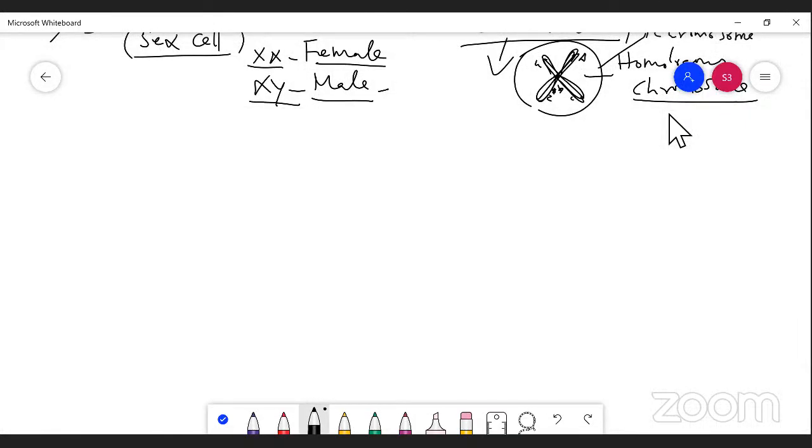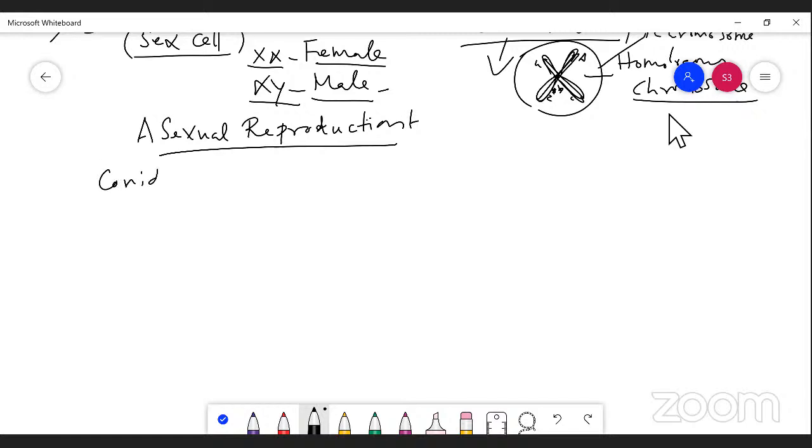And asexual reproduction has various types of methods. First one, conidia formation.